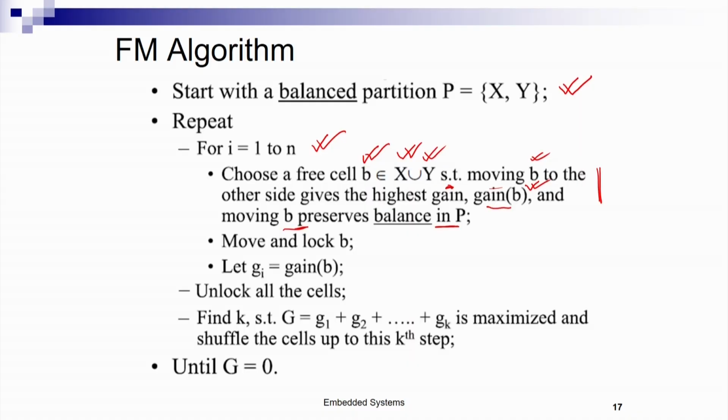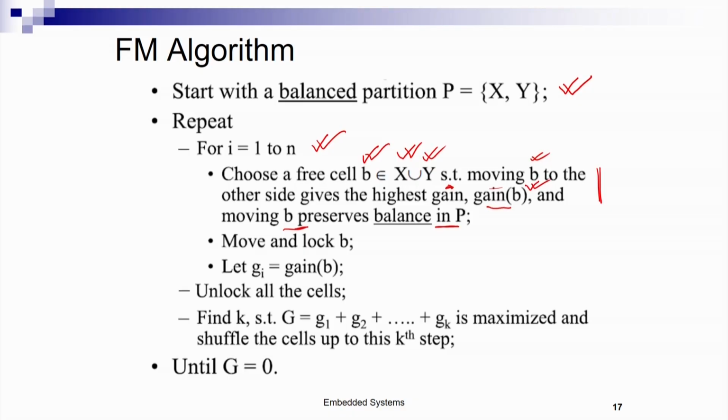Is this balance maintained after I have moved B? If this balance is not maintained, I cannot move B, and I have to choose another module for movement, not this module. So, we have to see whether moving B preserves balance. If so, move B and lock B. Let us say gain is the gain after moving B.